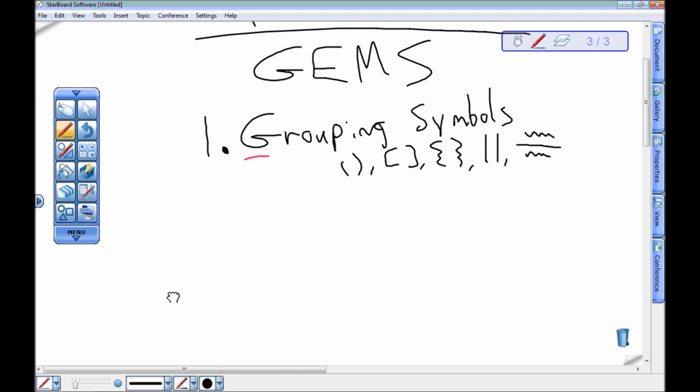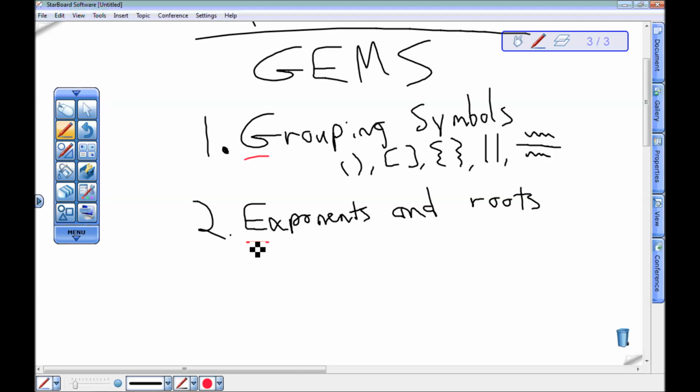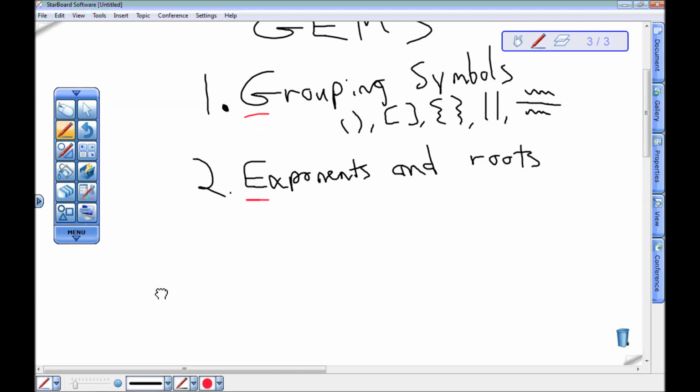Okay, second, I look for exponents and the operation that goes with exponents, because it kind of undoes them, their inverse, roots. Okay, that's my E in GEMS. Next, I look for multiplication and its inverse, division.